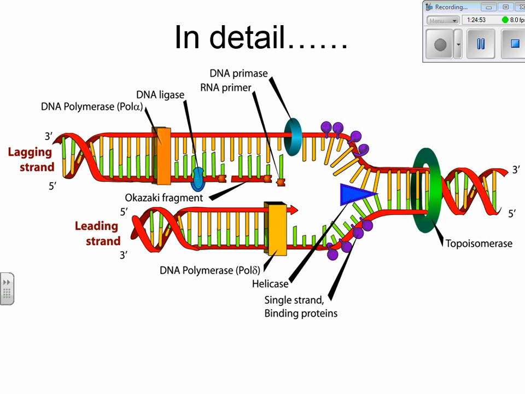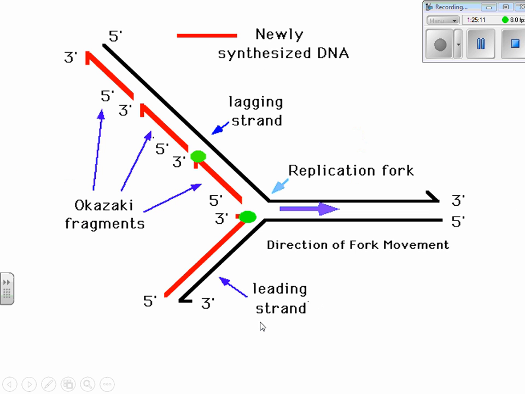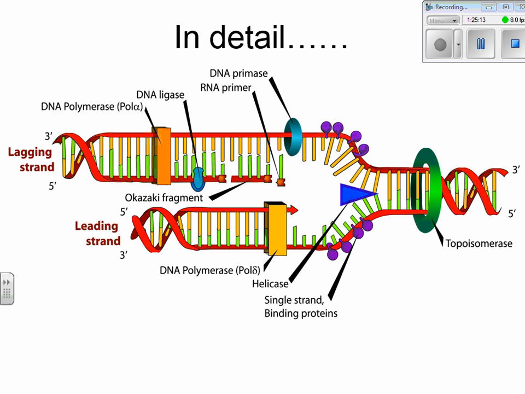Now, the little purple blobs on that slide that say single strand binding proteins, not too fussed about them either. They just happen to be on there. If I'd got functioning ink on here, which I still haven't, have I? No. It's a little bit annoying. I would probably put in brackets the topoisomerase and the single strand binding proteins.